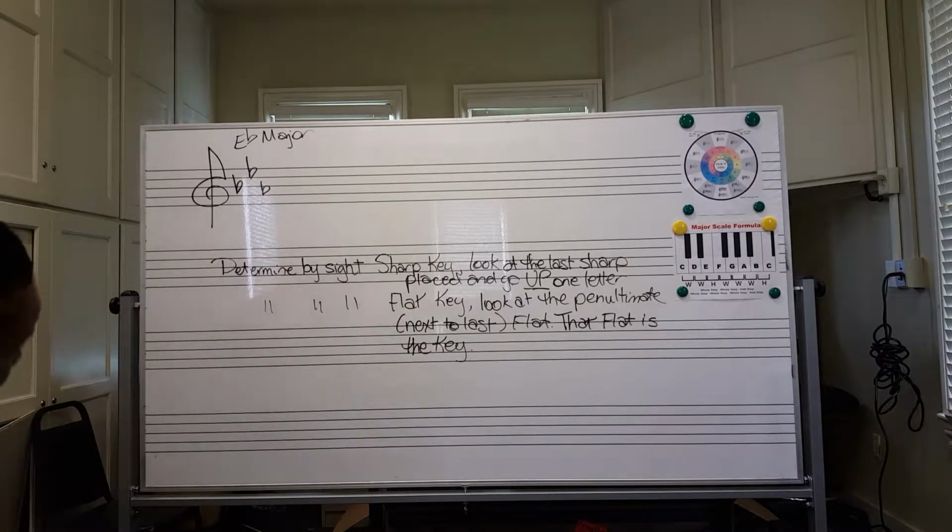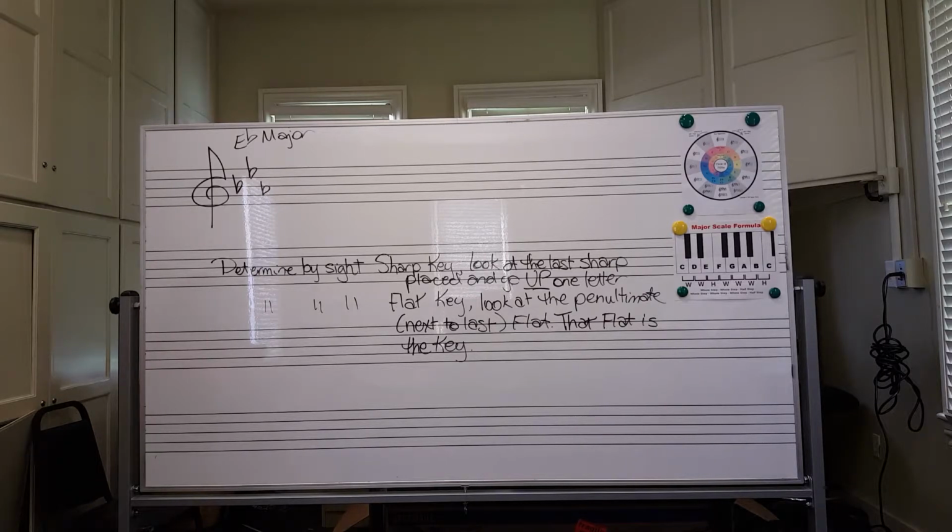Let me sit down for a second as I read this. To determine by sight your sharp key, look at the last sharp placed and then go up one letter. If going up one letter has an accidental on it, then you must include the accidental with that key. And in the sharps, that only affects F sharp and G sharp. To determine by sight your flat key, look at the next to the last flat.